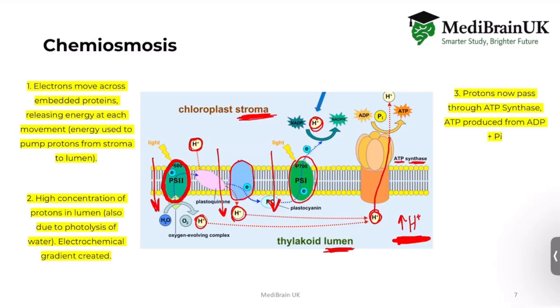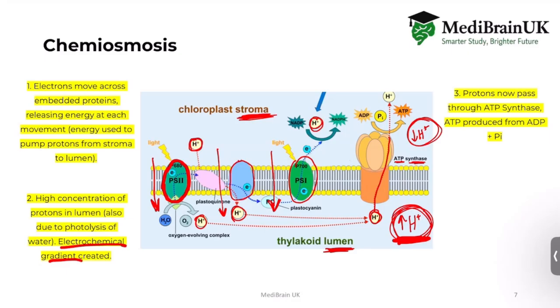So ATP is going to be produced from ADP and Pi once the hydrogen ions have passed through ATP synthase. And the reason why this is happening is because there's a high concentration of hydrogen ions on this side, and a low concentration of hydrogen ions on this side. So they pass through the ATP synthase because of that electrochemical gradient which has been created.